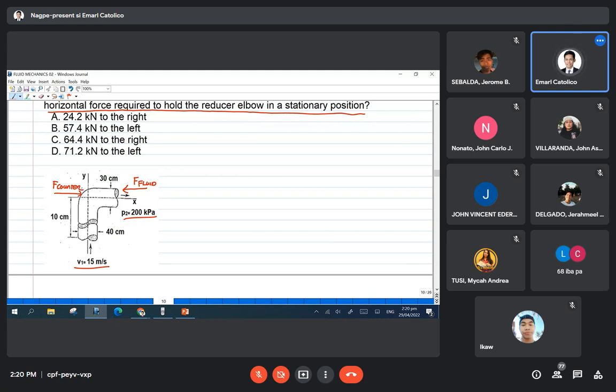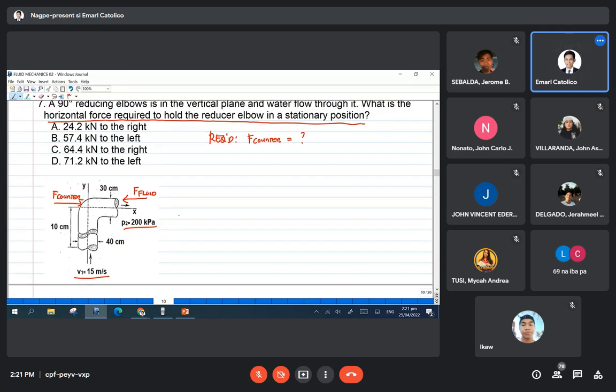Okay, so yung force counter yung hinahanap, para maging stationary siya. Okay. So based dyan sa ating diagram, force counter is equals to force ng ating fluid.